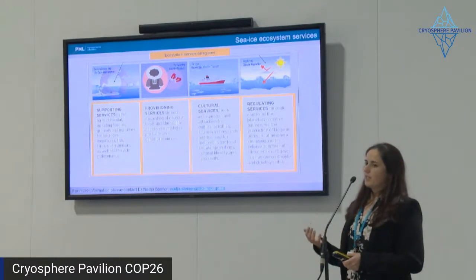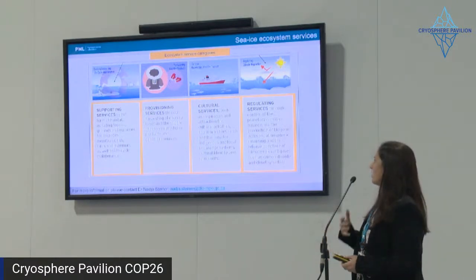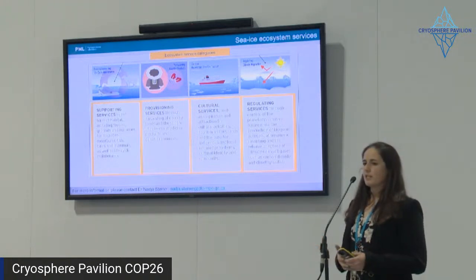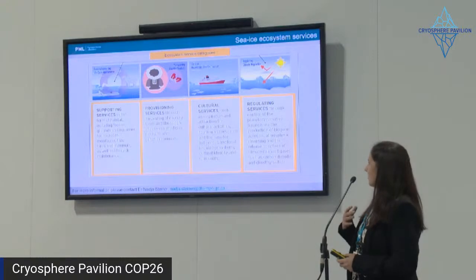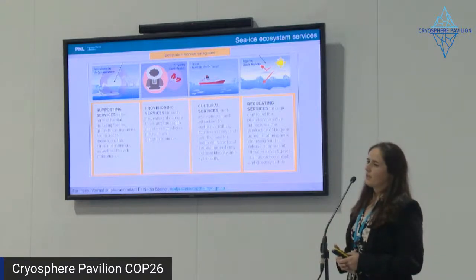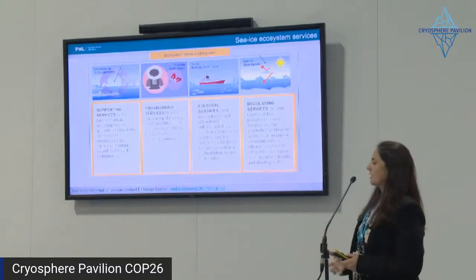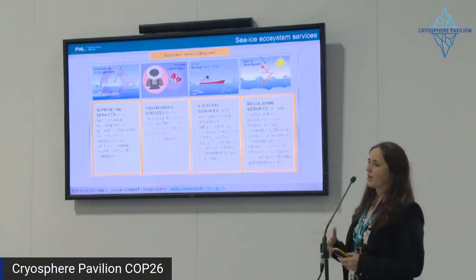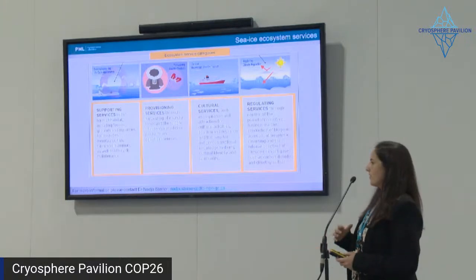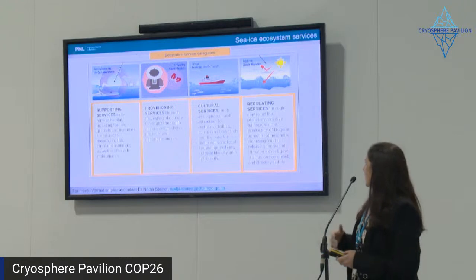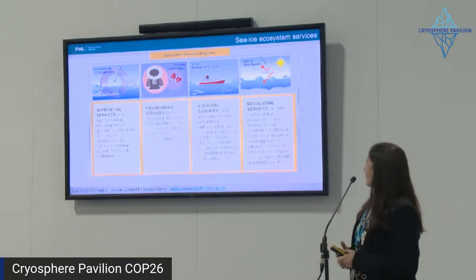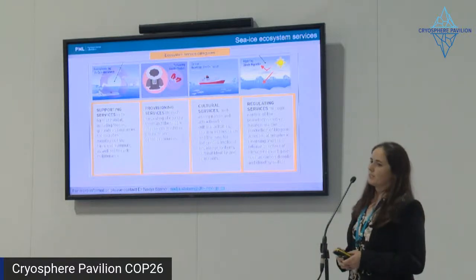There's cultural services, so we can think about tourism or cultural activities, research, but also the indigenous communities that live in these societies are at fundamental risk of losing their local knowledge systems, their cultural identity and spirituality. And finally, regulating services, as I hope has become clear, that this sea ice is fundamental for controlling planetary radiative balance, production of biogenic aerosols, atmospheric cleansing, and the release and uptake of climatically relevant gases.